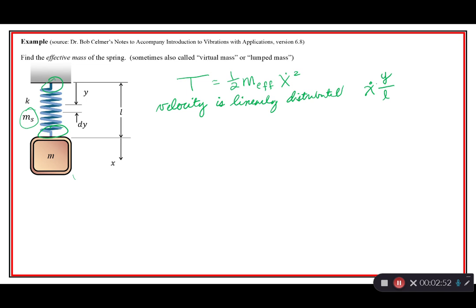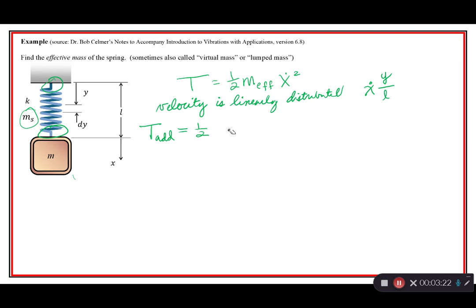Now let's find the additional kinetic energy, because we have to account for the fact that the spring has mass. First off, we get the 1/2, and then we take the mass of the spring and say, here's a mass per length, so we've distributed out each chunk of mass.